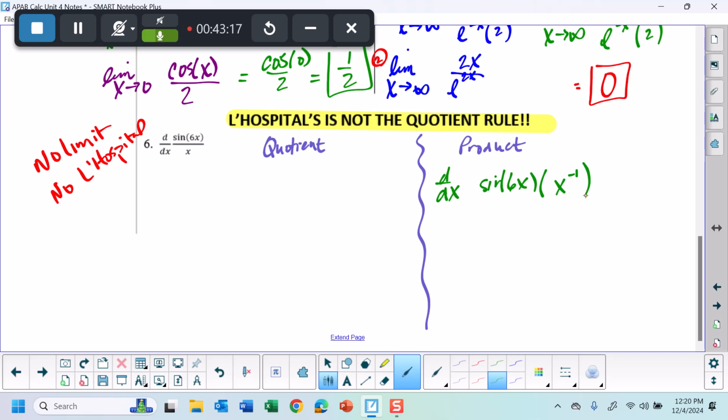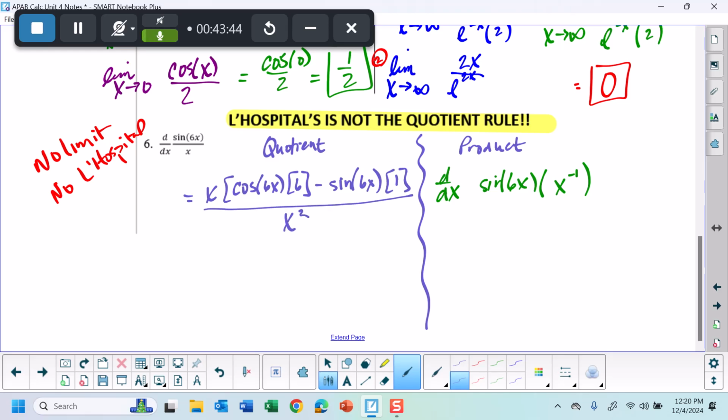And you can do the first times the derivative of the second plus the second times the derivative of the first. Or you can go ahead and keep that as a quotient and say that it's low d high minus high d low, square the bottom, and away we go.